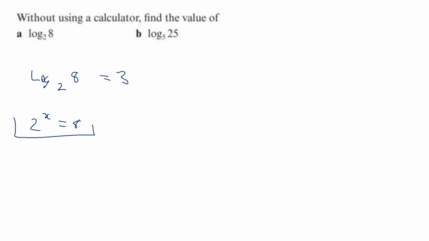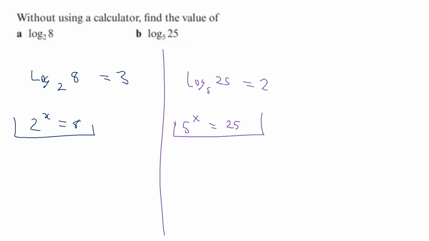And likewise, right? Log base 5 of 25 is equal to what? That's basically saying 5 to the power of x is equal to 25. So what's x equal to? x has to be equal to 2. And so that is how the log function works in a nutshell.